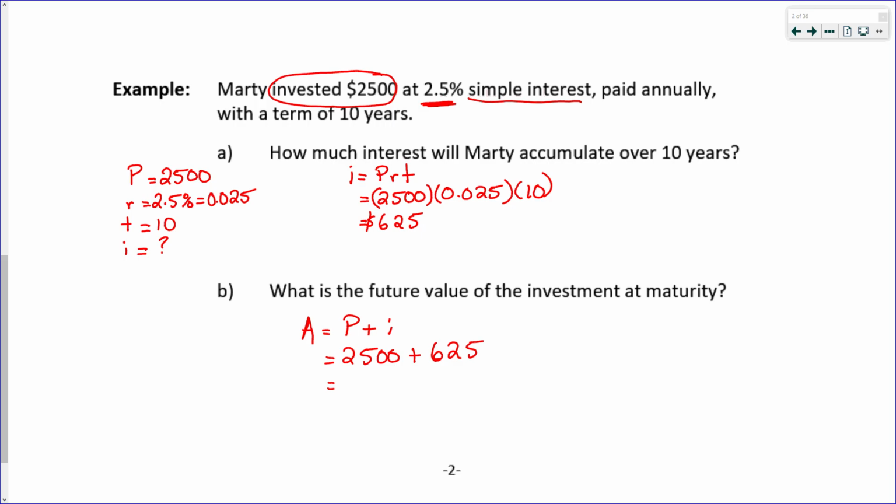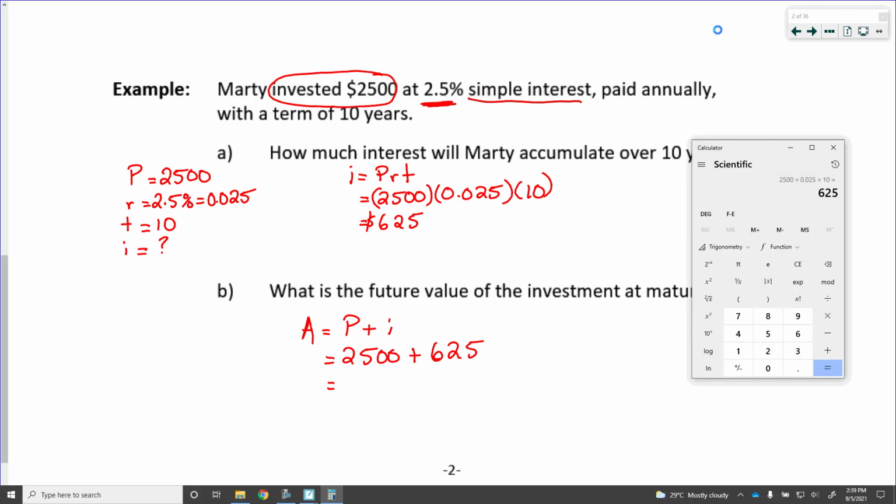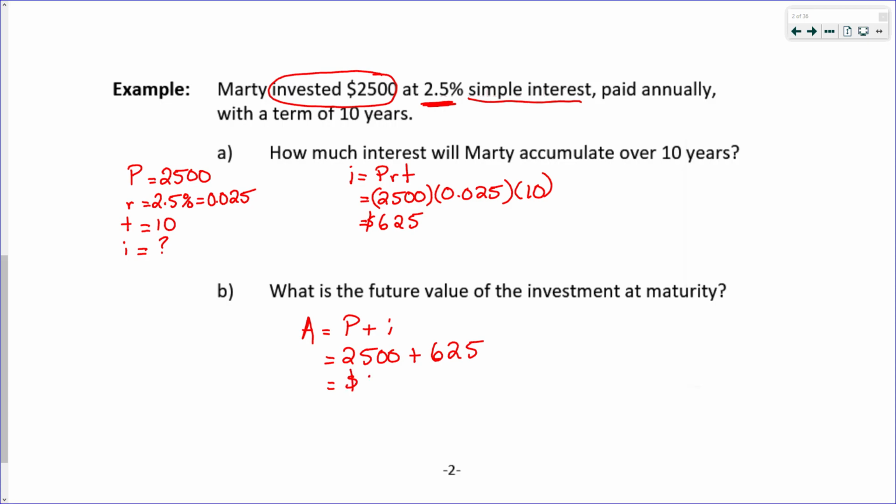I add the two together. So I pull out my calculator again: 2,500 plus the 625, and I get 3,125. So when this investment ends, I'm going to have $3,125.